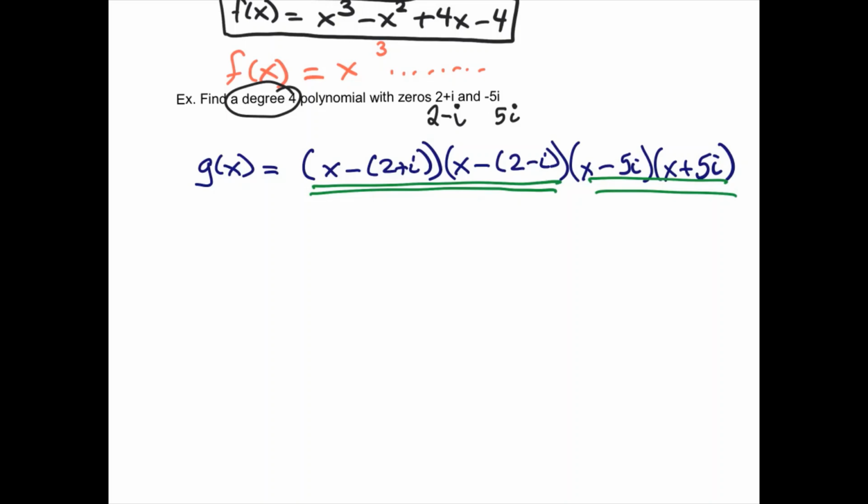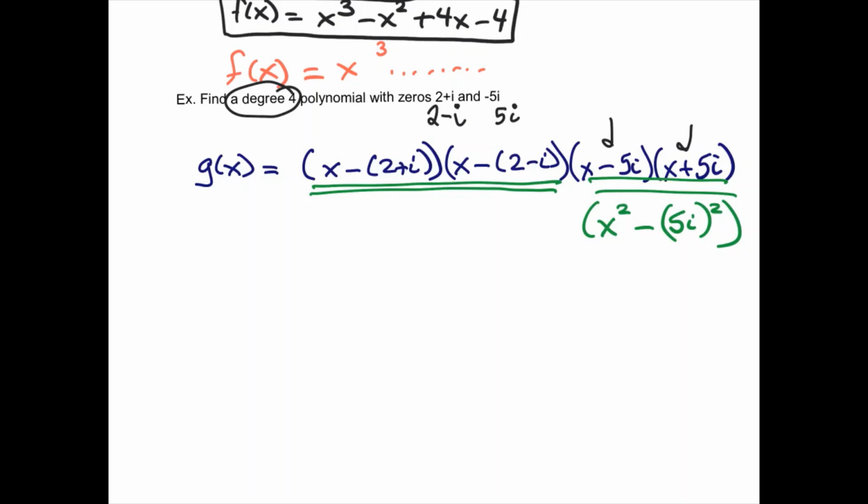So this one down here, this is going to become x squared minus 5i squared. So that works just like the one above. Now this one you can do lots of ways. I'm not sure there's really a good way, but see how this one's plus and this one's minus?